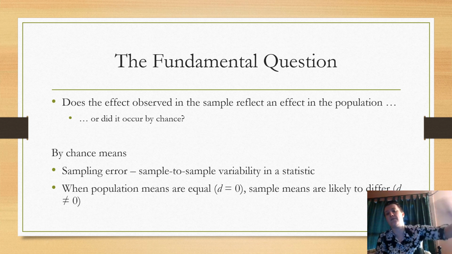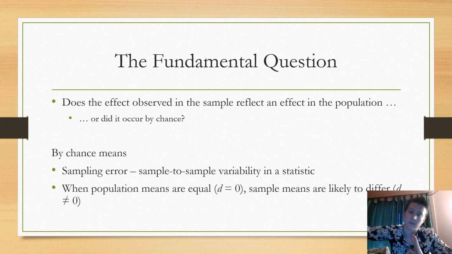But if we were to take 50 different people and put them in the loud condition and 50 completely different people and put them in the quiet condition, would they have this same stark difference between them? Or would they be closer together? Maybe the means are like 75 and 72, or 75 and 74. I don't know. So sampling error can be attributed to just different people taking this.